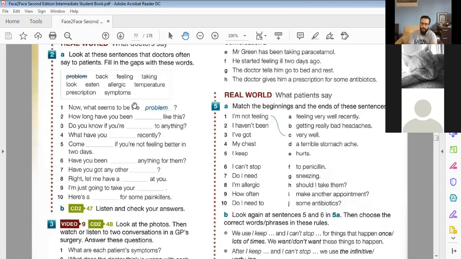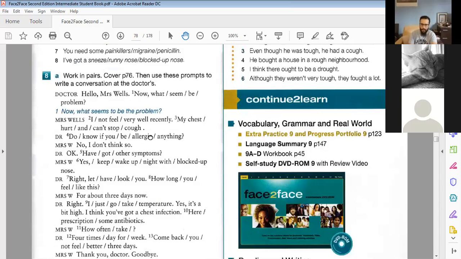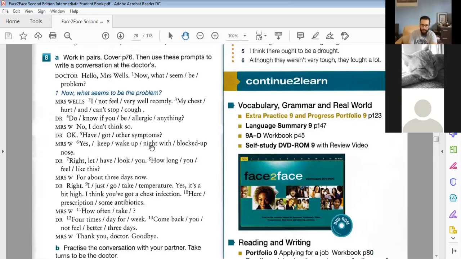Can you see number 2, the one we finished in our last lesson? Do you remember exercise 2? Yeah, so this conversation is more or less based on that, but it also seems to be a mix of the patient part. So it's not just what the doctor says, it's also what the patient says.